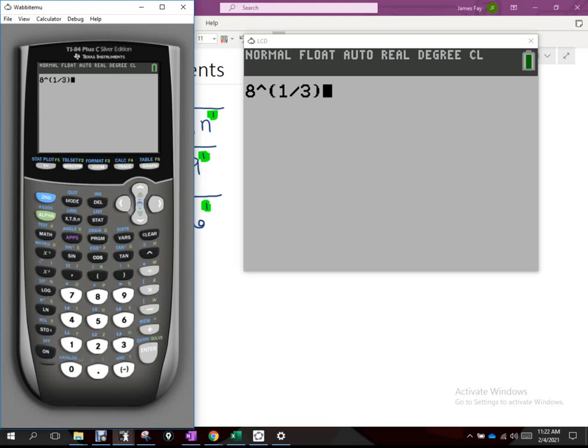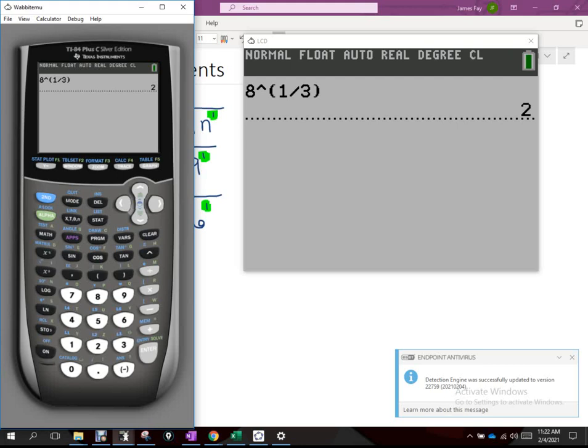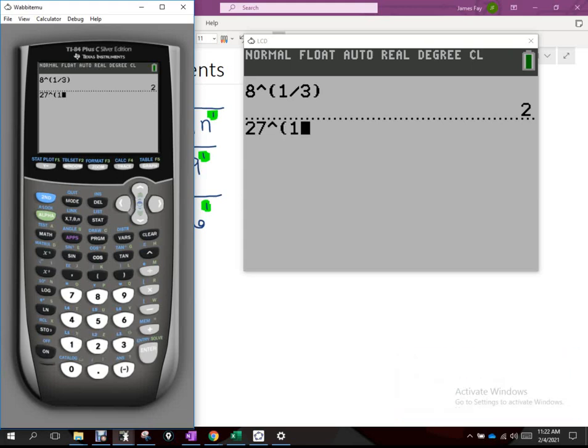Make sure I put parentheses around the 1/3. Gives us 2, right? Let's do 27 raised to the 1/3. Gives me 3. Let's go 64 raised to the 1/3.